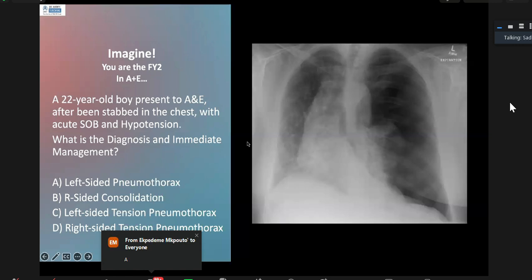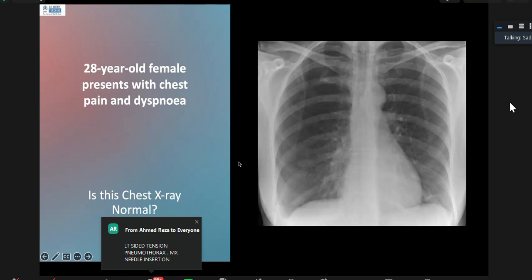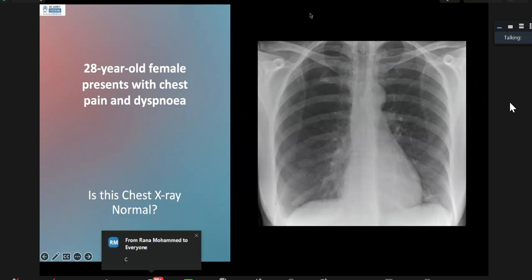And now we'll move on to number 3. So a 28-year-old female presents with chest pain and dyspnea. Is this chest X-ray normal? And then the next one.